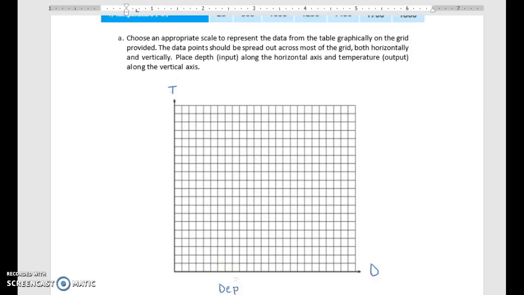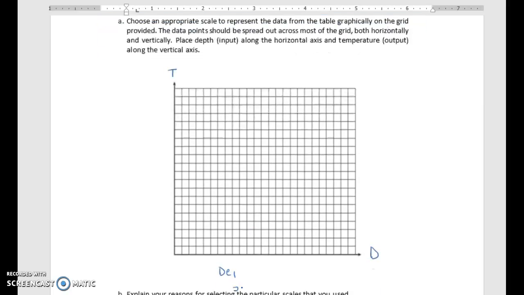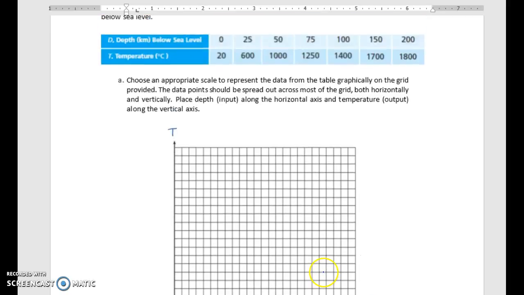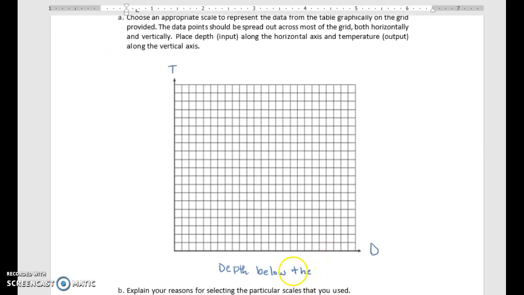So this was the depth below sea level, or maybe just depth below sea level. And then this is temperature in degrees Celsius.